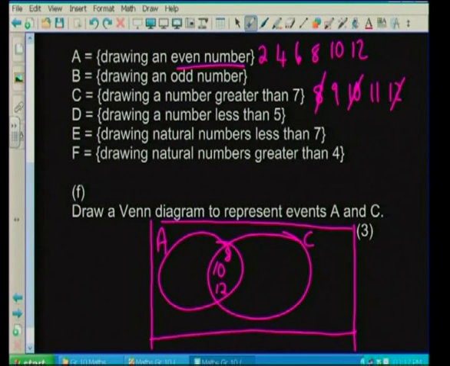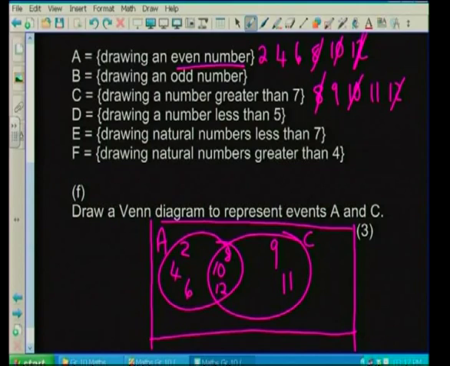Then I'm going to put the other two, that's 9 and 11. Those are now my numbers greater than 7 that are not also even. Now I must just make sure that I don't repeat. Now 8, 10, and 12 are already in my intersection, so I now need to put 2, 4, and 6 over here.